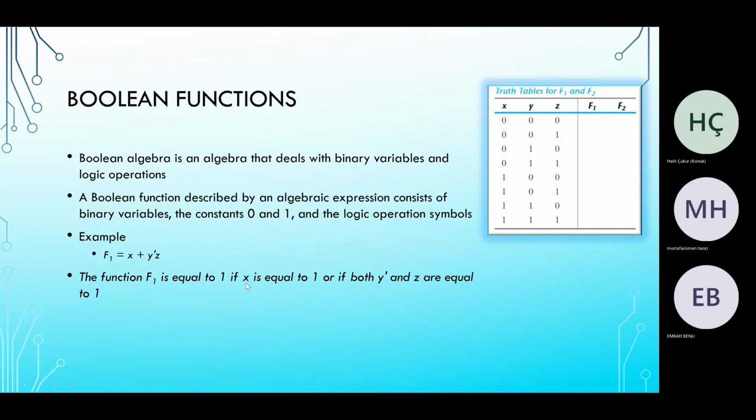Or, let's say x is 0, then we need 1 from this side of the OR operator. So we need both of them to be 1, to have 1 here and 1 in the f function. That means y prime and z will be 1. So f1 will be 0 in any other case. If we don't have those, then we will have f1 equal to 0.